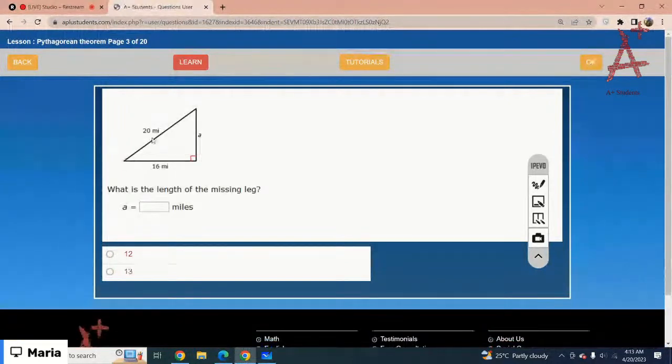Okay, the next one: you are given the hypotenuse and you have to find the opposite side. The hypotenuse is 20 and here you have 16.